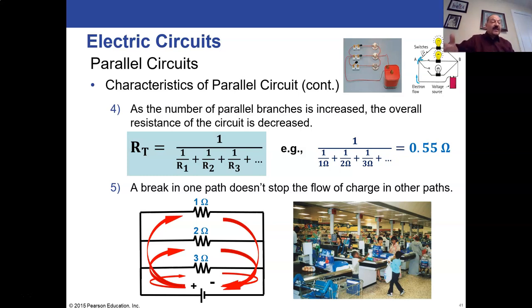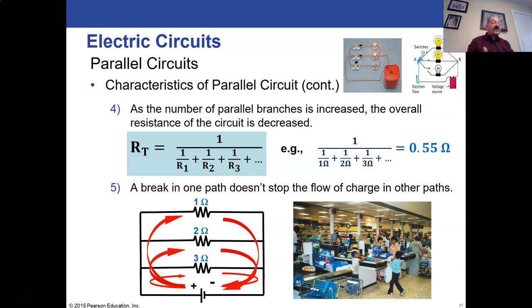And having 3 lines is better than having even the fastest line, because you have choices of where to go. And as a result, in a parallel circuit, the combined resistance from multiple parallel lines is always, always, always less than any of the individual resistances.